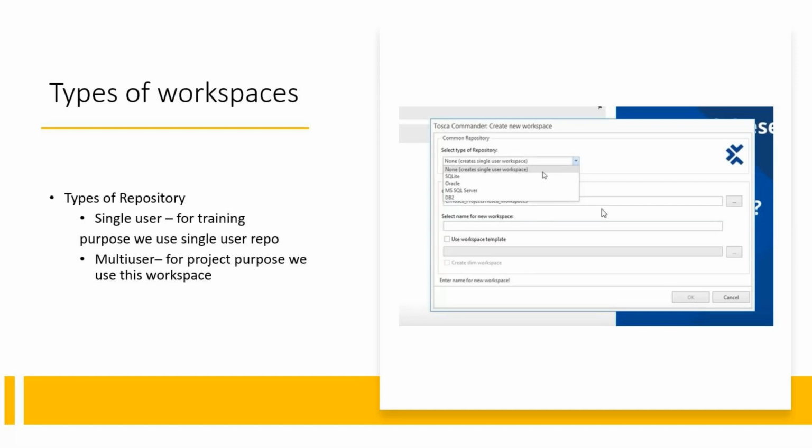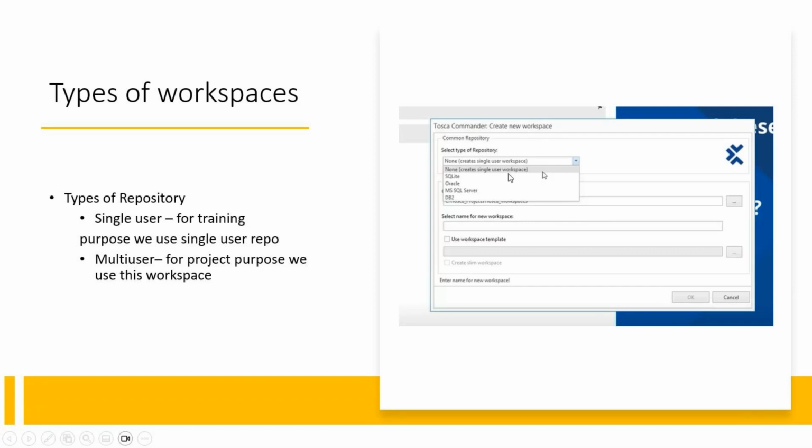In that scenario, you will use the multi-user workspace, which has central repository access. Tosca allows you to create the workspace in different databases, such as Oracle, SQLite, and DB2, and based on that we select which kind of repository we are using.